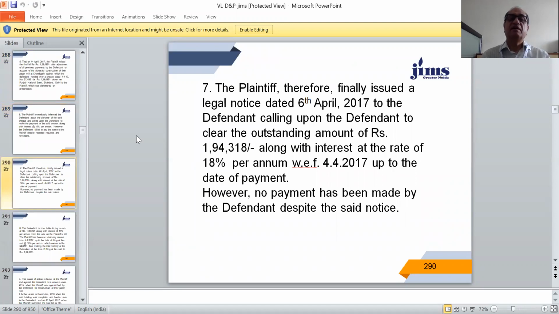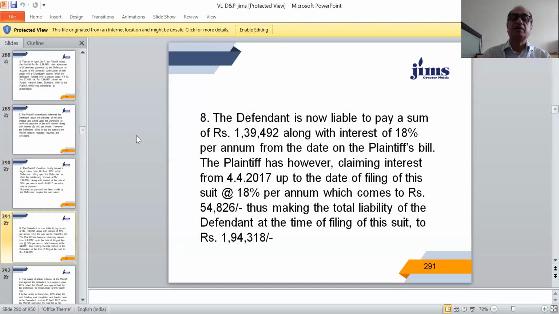Para 7, the plaintiff therefore finally issued a legal notice dated 6 April 2017 to the defendant, calling upon the defendant to clear the outstanding amount of rupees 1,94,318 along with interest at the rate of 18% per annum with effect from 4th April 2017 up to the date of payment. But no payment has been made by the defendant despite the said notice.